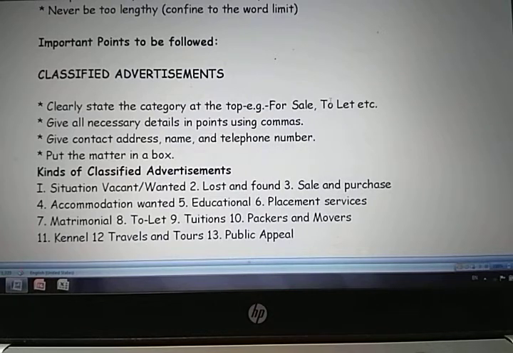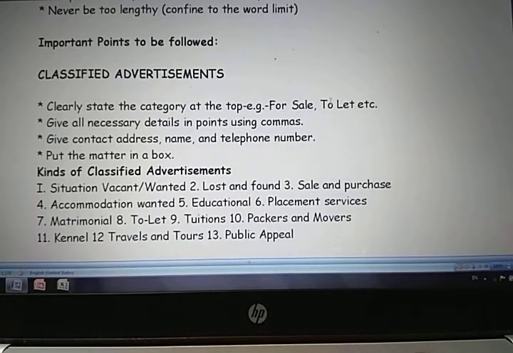Suppose you want to let your house, that means give your house on rental basis, you should mention that clearly. Because if I am interested seeing that heading, I would read. Suppose I don't want to buy any property, I do not read that advertisement. So it should be specified on the top itself.